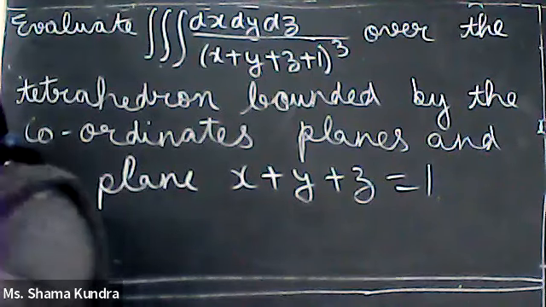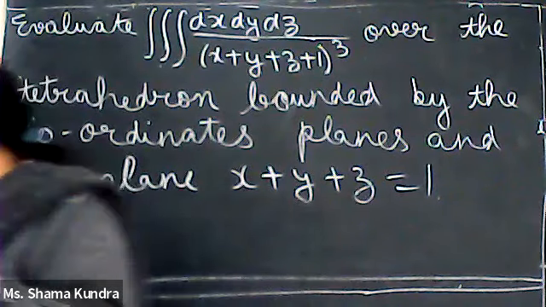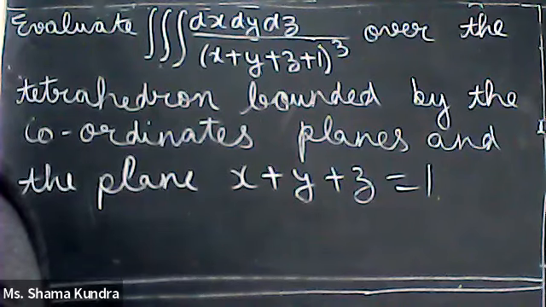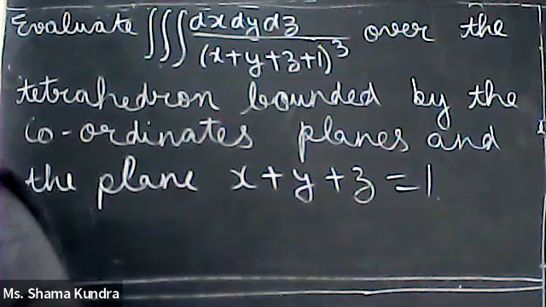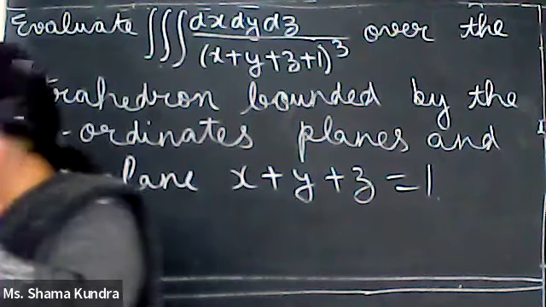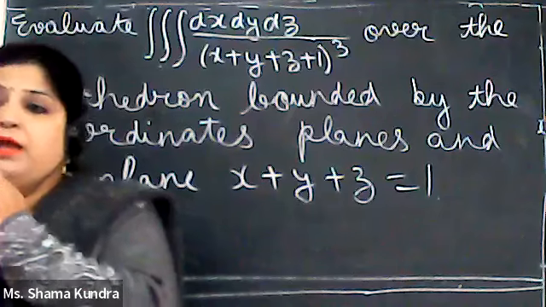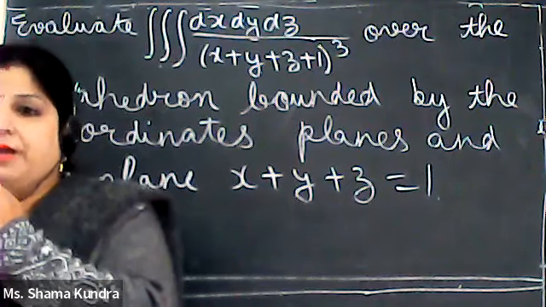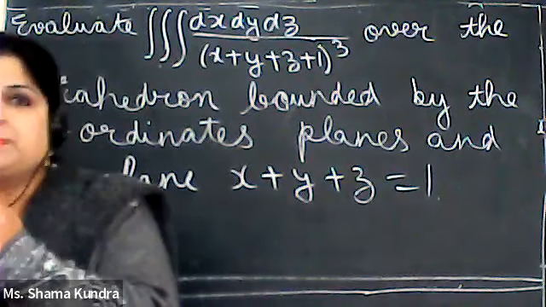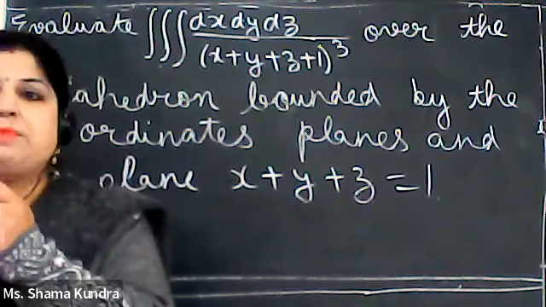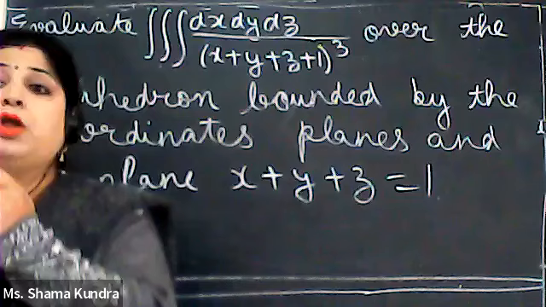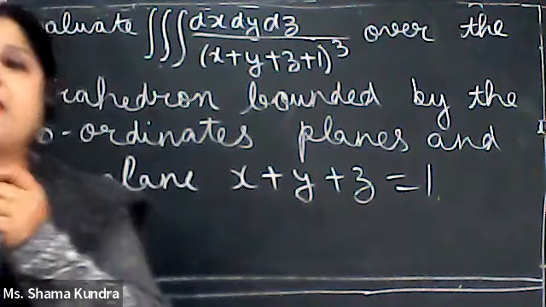In the first type, the integral is given with limits, and in the second type, the function is given, but the limits are not given, and we have to find the limits by ourselves.